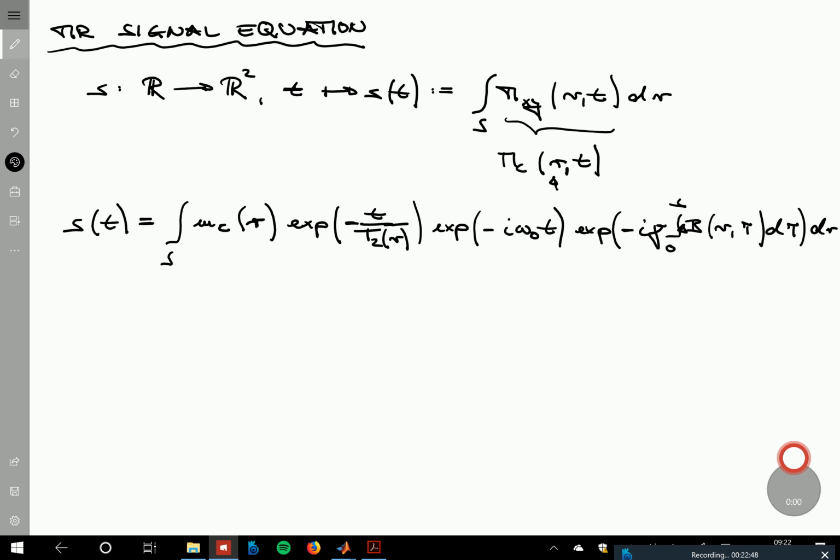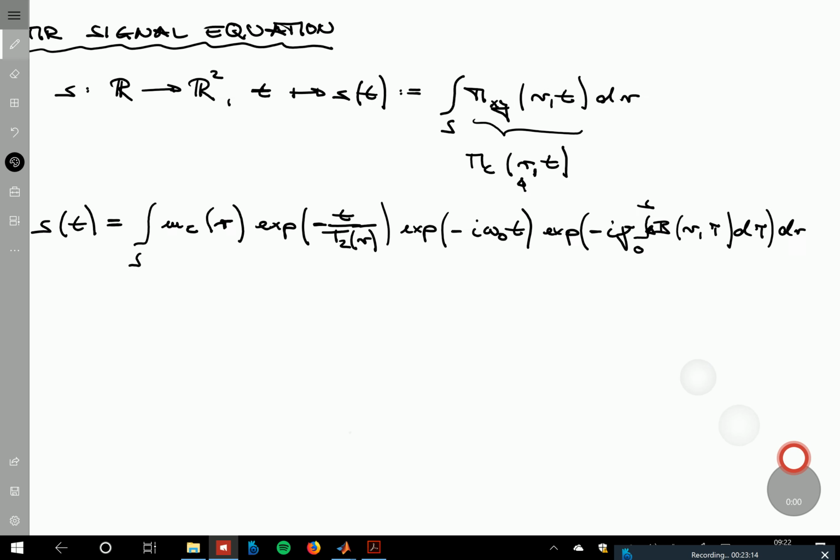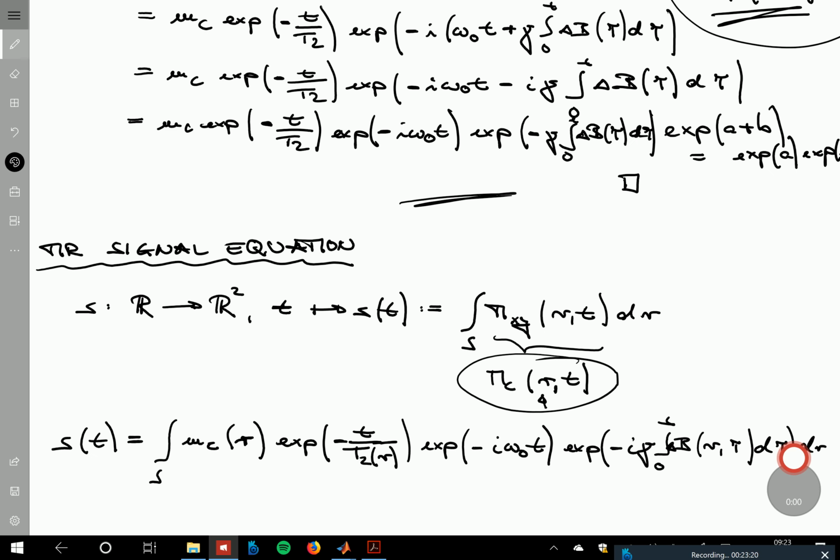That's the signal that is registered by the receive coil at each moment in time, let's say after excitation. You send an excitation pulse and you measure, and for each moment in time you get two numbers, the real part and the imaginary part of the signal. The idea is that it's given by this, which is just this thing plugged into the signal equation.